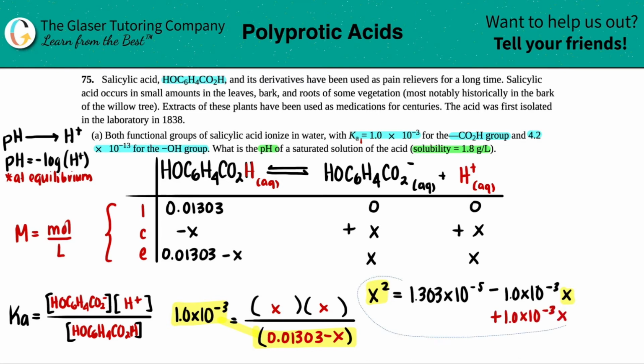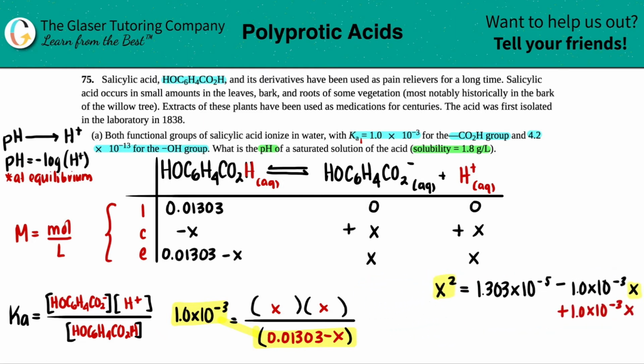And maybe if I just show that over here, I'll bring this over here a little bit. So I can say on this side of the equal sign, it's plus 1.0 times 10 to the negative third x. And then this number is positive, so I have to subtract it. And I have to minus 1.303 times 10 to the negative fifth. Okay.